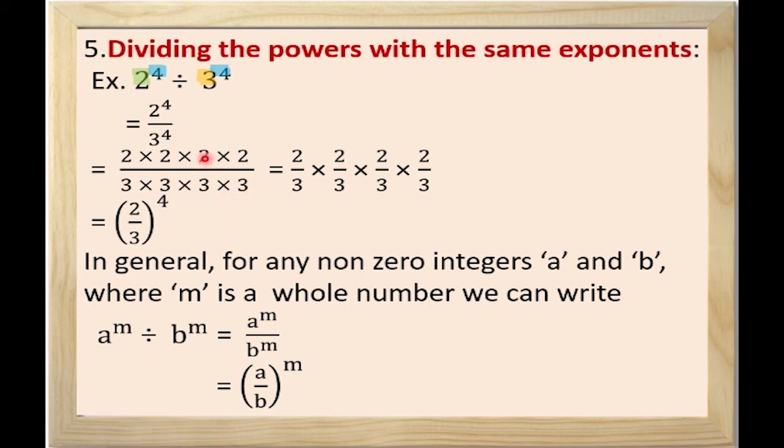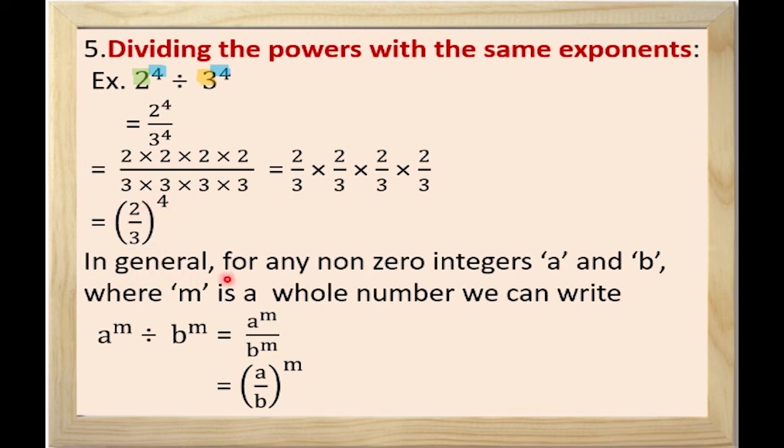Now children, I can write this like this, 2 by 3 into 2 by 3 into 2 by 3 into 2 by 3. Yes children, can I write like this? Yes. Now 2 by 3 is multiplied to itself how many times? It is multiplied to itself 4 times. So I can write like this, 2 by 3, the whole thing raised to the power of 4.